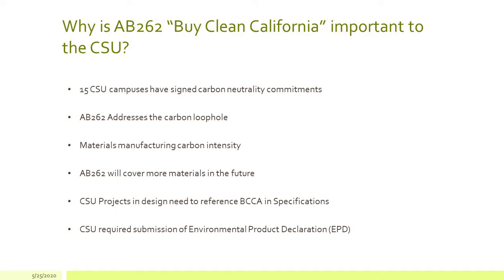One thing that is clear from our discussions with DGS, the bill author's office, and the advocates for this law is that they intend to have it cover other materials in the future. Specifically, the one that seems to be omitted is concrete, which is also a very carbon intensive material.